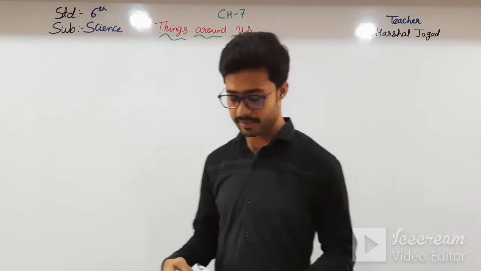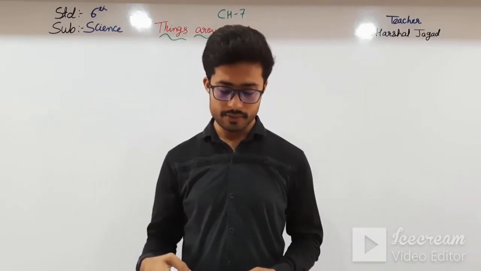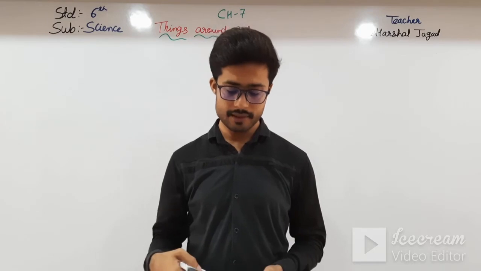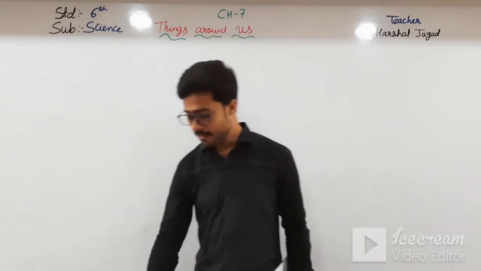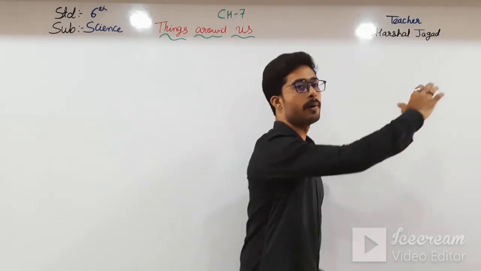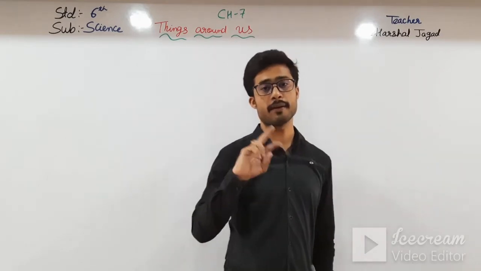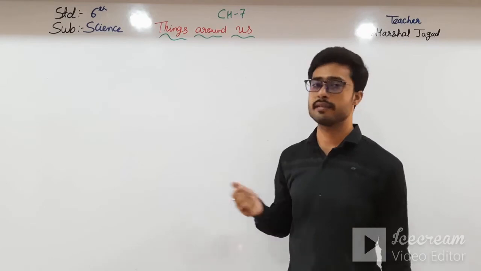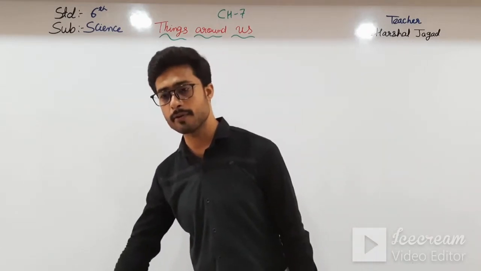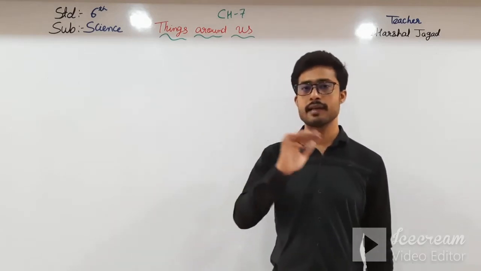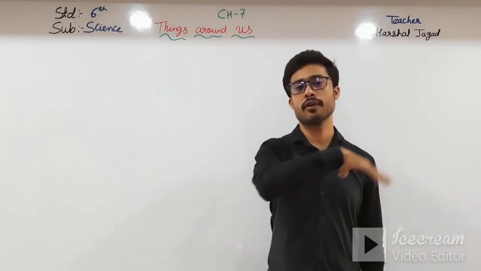Then the next point is that living things go through various stages between birth and death. It means living things, from a newborn baby to an old man, have a lifespan, but non-living things remain the same as they are. When you are born, you are small, and then as your age increases you grow up.